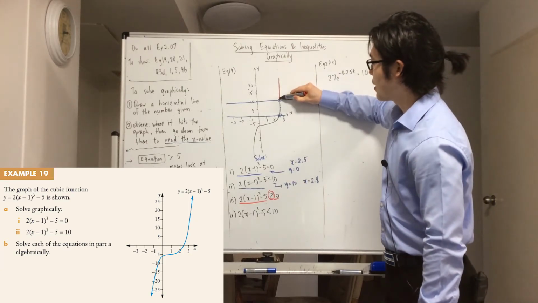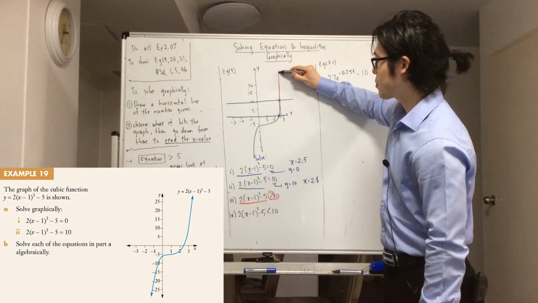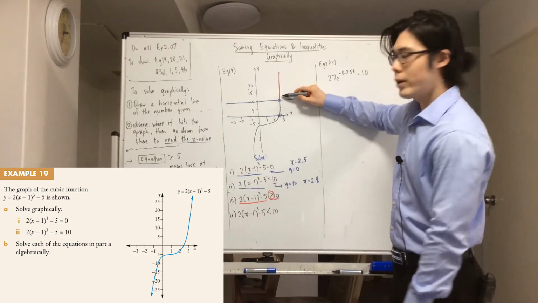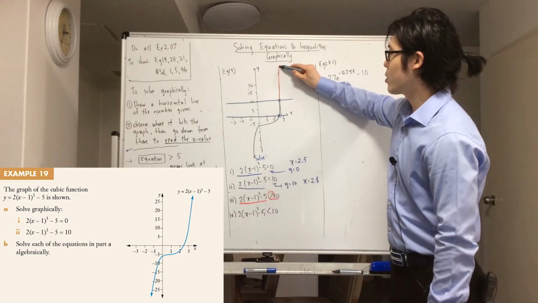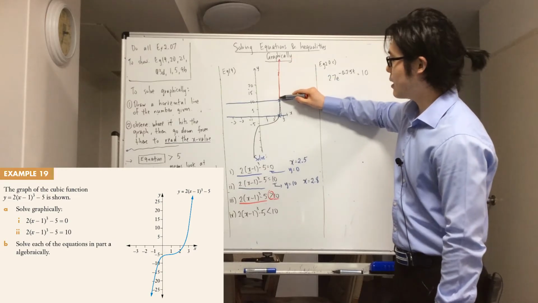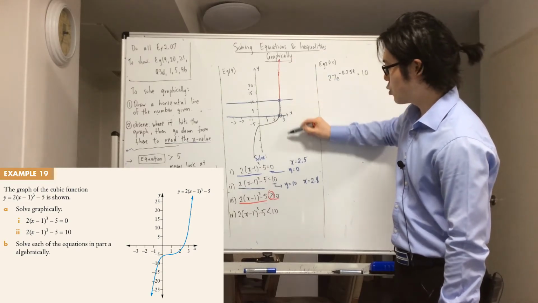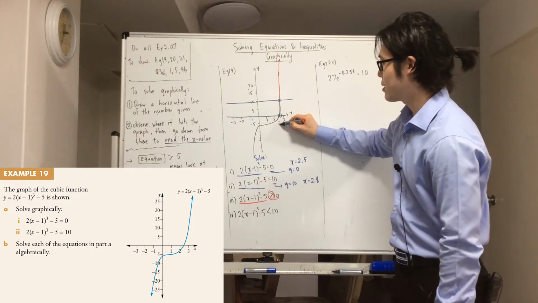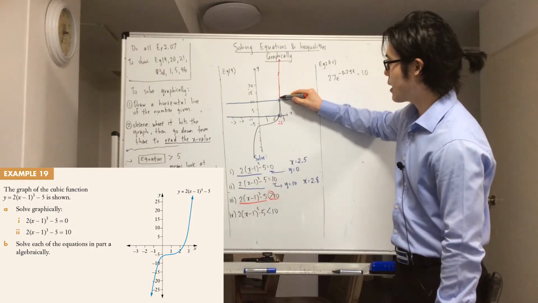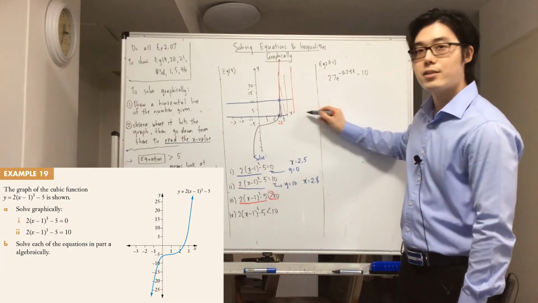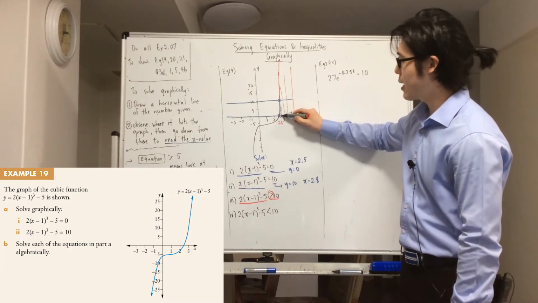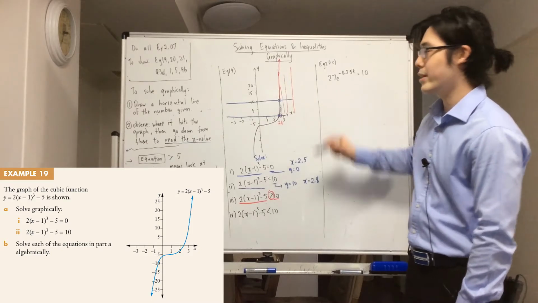Looking at the part that's above the 10, what do you notice with the x values as I keep going up and up? From 2.8, which is the x value we said it was, as we go on and on, the x values increase: we've got 2.8 and then 3, 4, 5, 6, 7 and onwards.